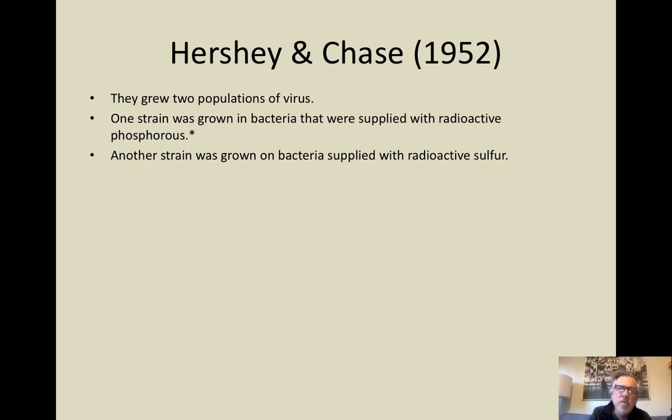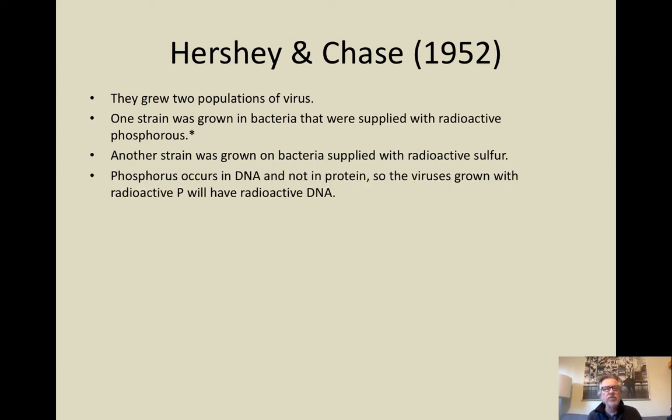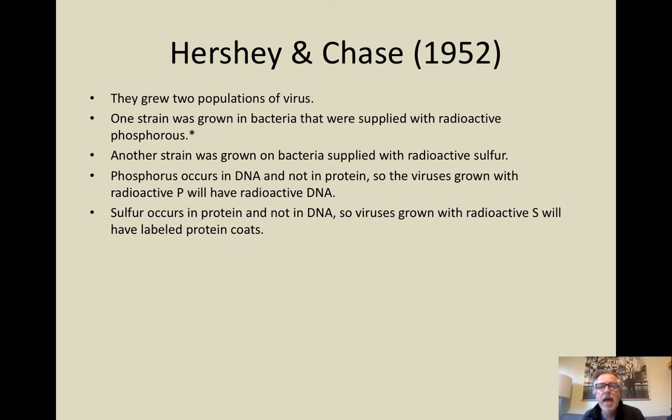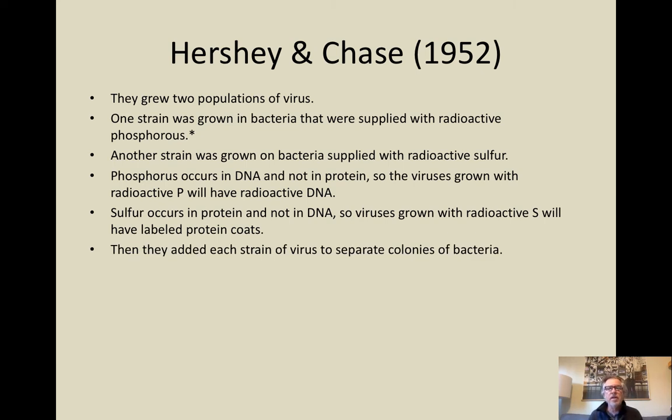So why did they do that? Well, it's because phosphorus occurs in DNA and not in protein. So the strain grown on radioactive phosphorus had radioactive DNA. And sulfur occurs only in protein and not in DNA. So viruses grown with radioactive sulfur will have radioactive proteins. They added each strain of virus to separate colonies of bacteria.